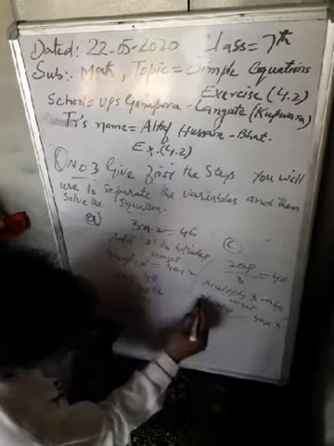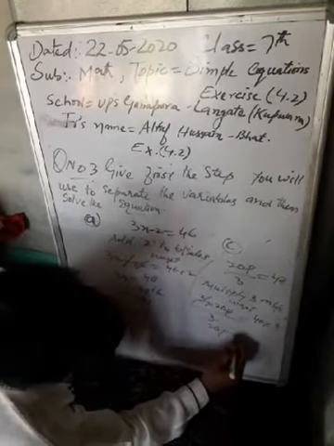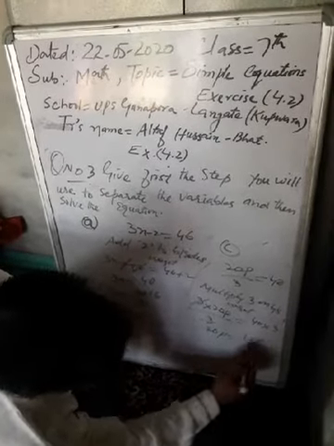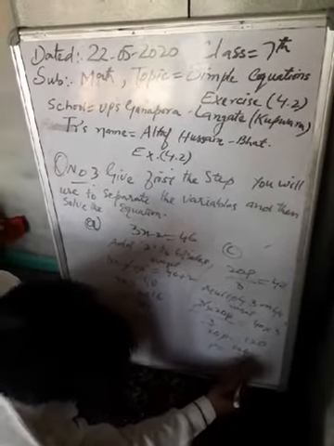This 3 and this 3 gets cancelled. So that becomes 20p is equal to 3 into 40, 3 fours are 12. So p is equal to 120 divided by 20. This 0 and this 0 gets cancelled. 2 ones are 2, 2 sixes are 12. So therefore p is equal to 6.